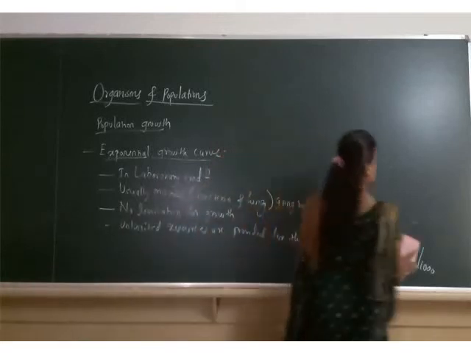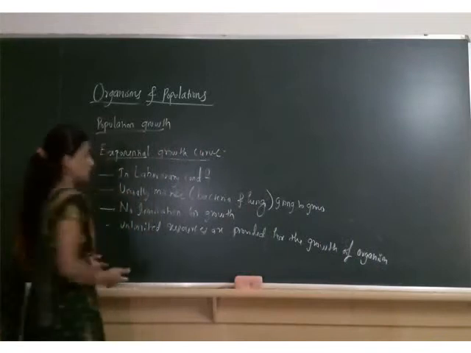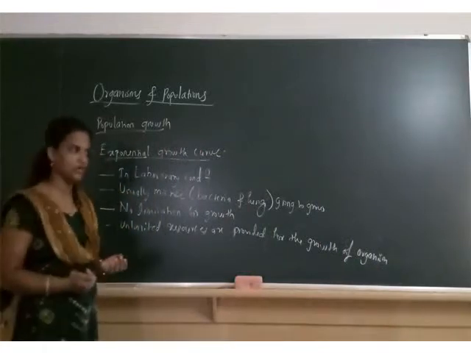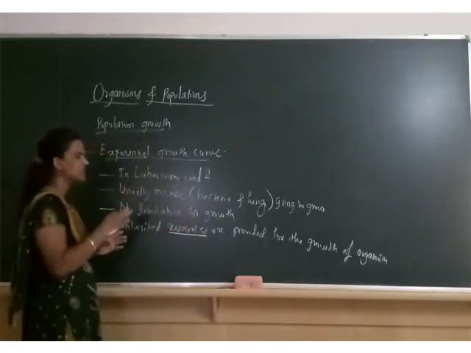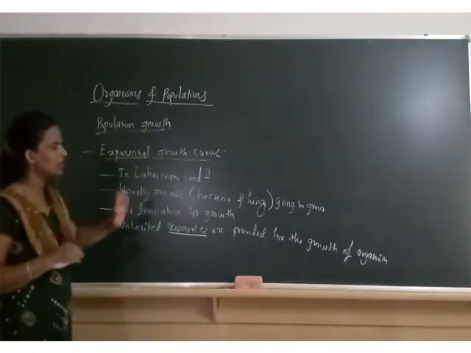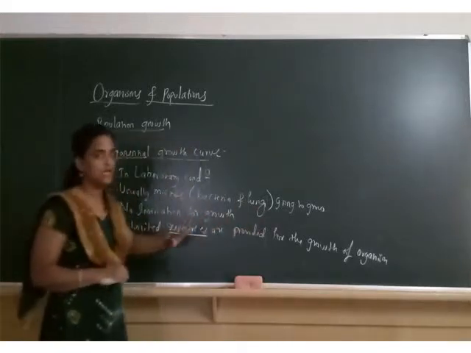Unlimited resources. Resources, first of all, that is light, temperature, nourishment, food. Okay, all the resources, how much they want for the growth, we are all going to provide continuously for the well growth of a living organism.